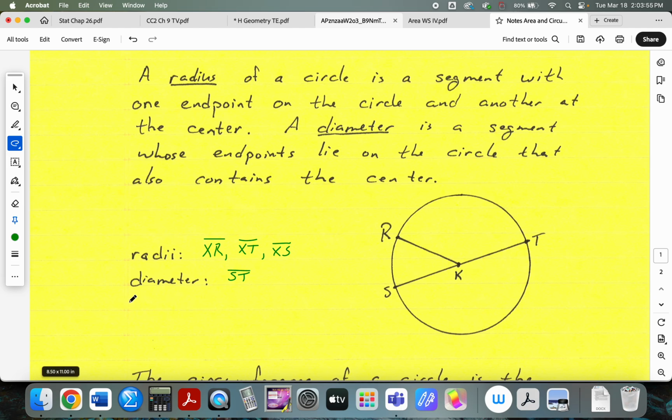So a diameter of a circle is twice as long as the radius of that circle. The diameter of a circle is twice as long as the radius.